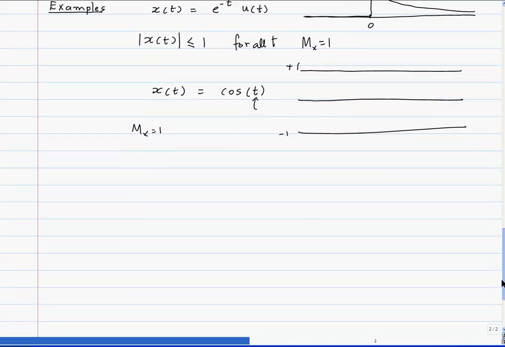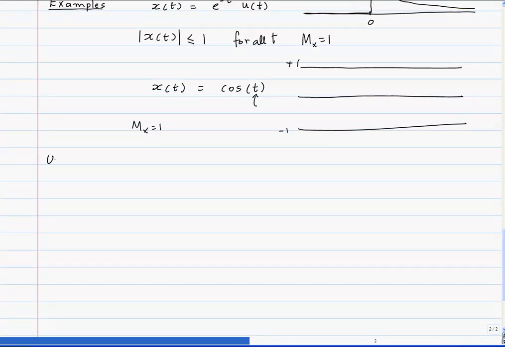Here are a couple of examples of signals that are unbounded. Suppose you take the very first example I gave you, x of t is equal to e raised to minus t times u of t, and I remove this u of t.